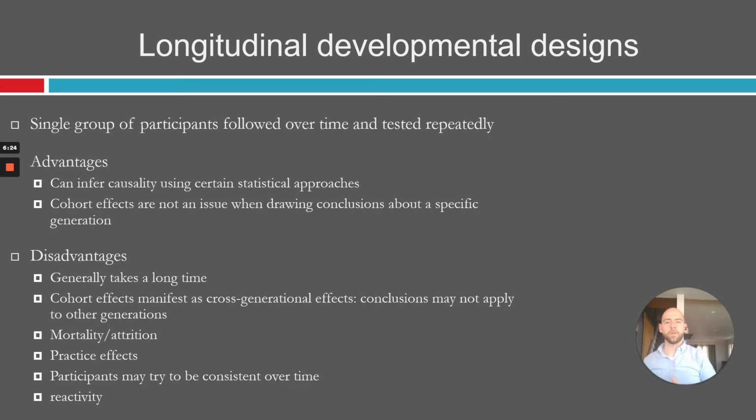The conclusions that you draw about baby boomers might not apply to Gen Xers or millennials or Gen Z people, right? There might be something about your conclusions that's tied to that group of people. So you might be right in saying something about the developmental trajectory of those people, but it might be wrong about earlier or subsequent generations.